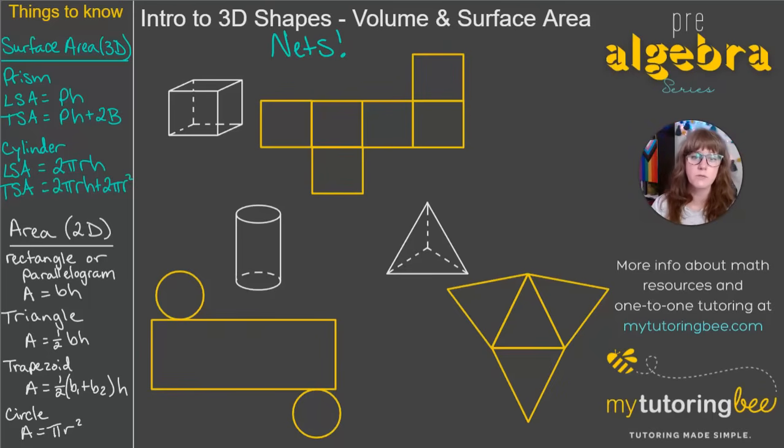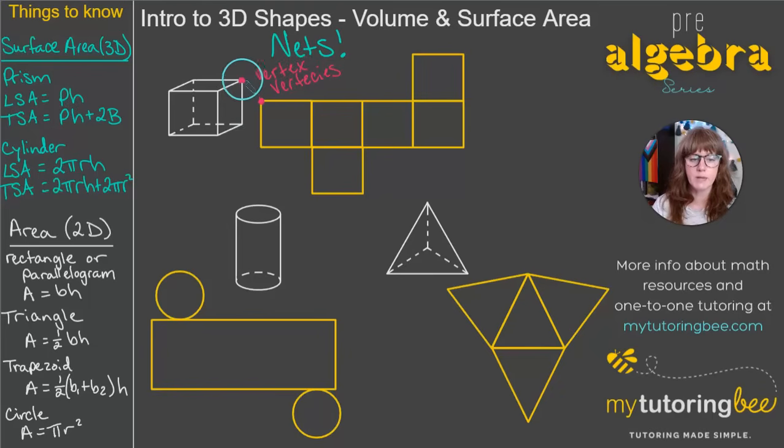Let's also talk about some vocabulary terms that we're going to cover in this series. The first vocabulary term is vertex, and the plural of that is vertices. A vertex, or multiple vertices, is a single point where the edges of a three-dimensional figure meet.